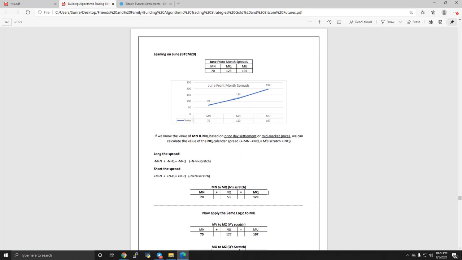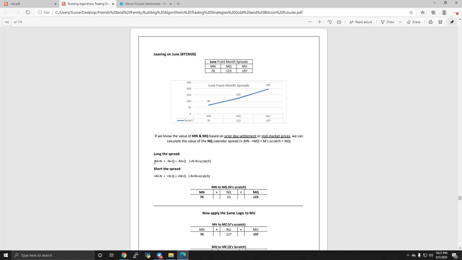intro to the A plus B equals C math for Bitcoin forward curves, then we see if we're long the spread, we are short M plus N. So we're long the MN calendar spread, the June-July spread, and then we're also long the NQ by being short N and long Q, and that equals long the MQ spread, which is short M plus Q, the July month's scratch.